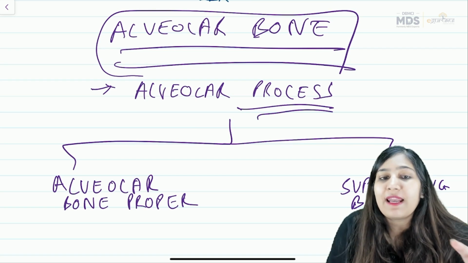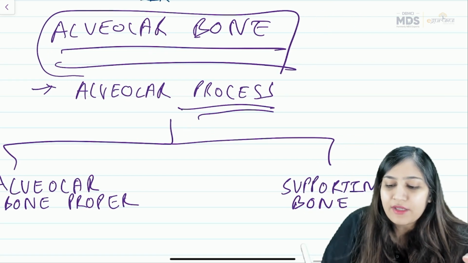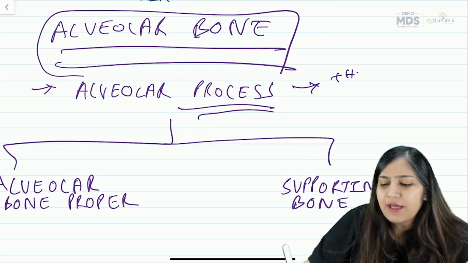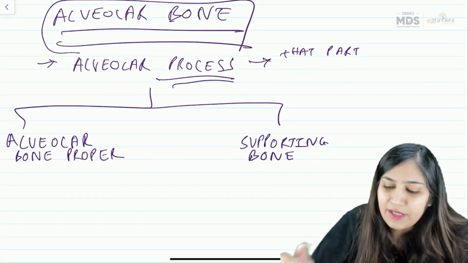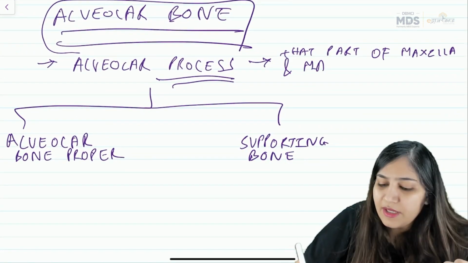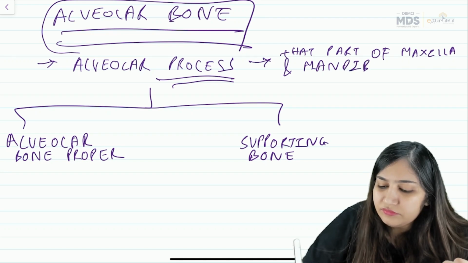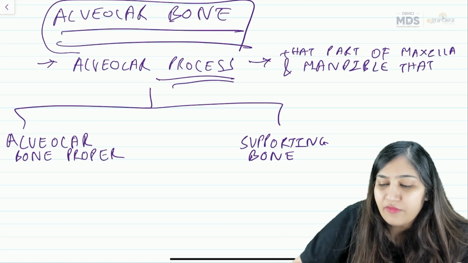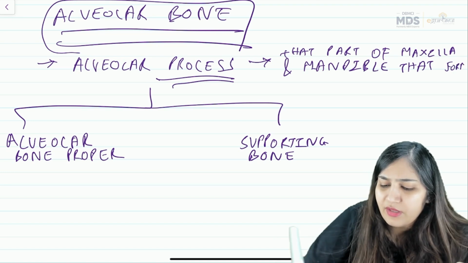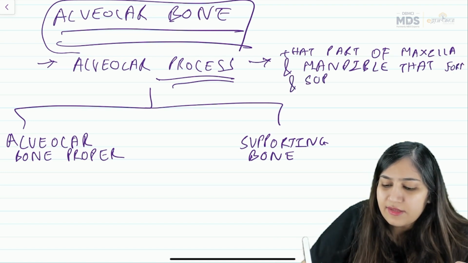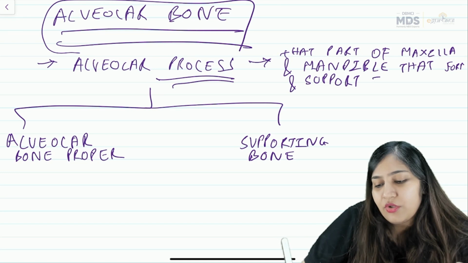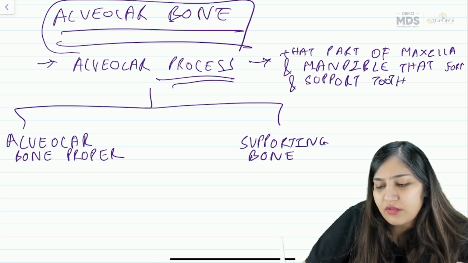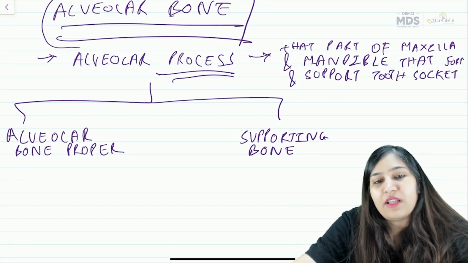That part of maxilla and mandible that forms and supports the tooth socket, and disappears with the loss of tooth.